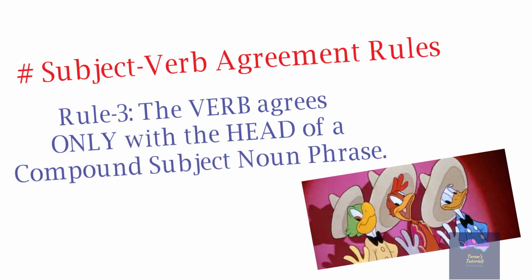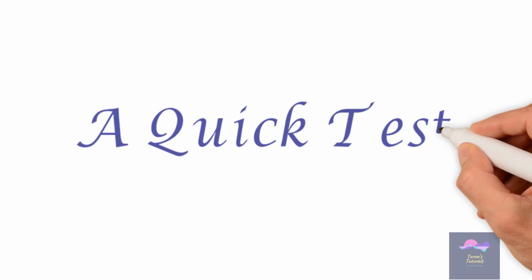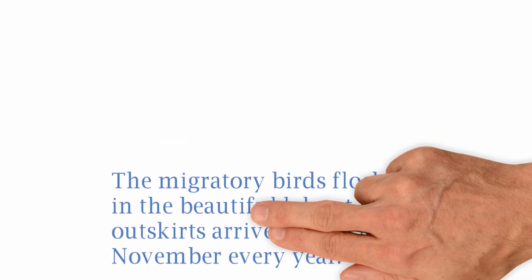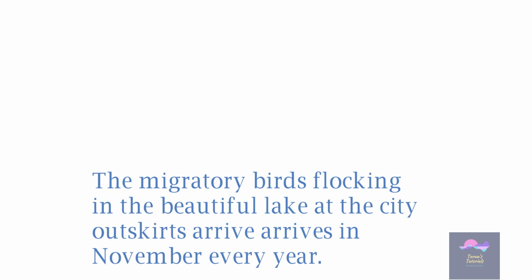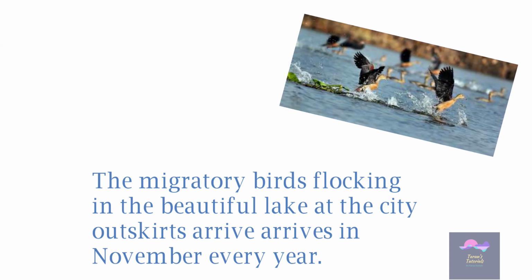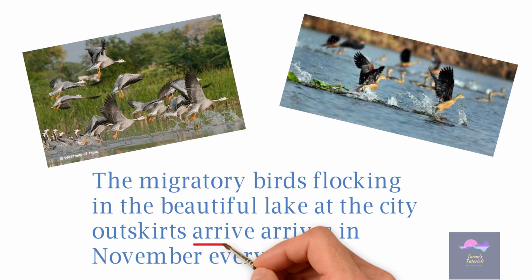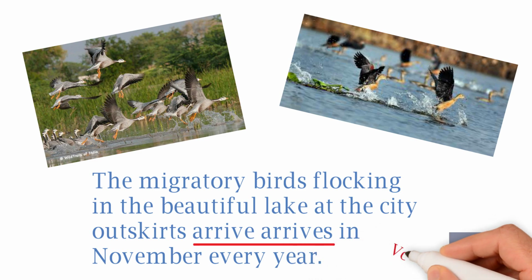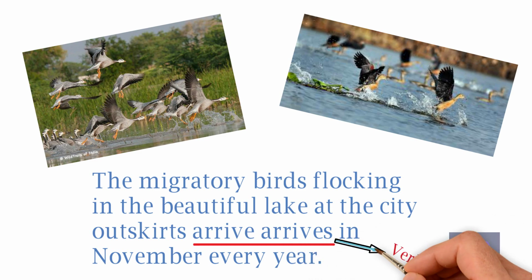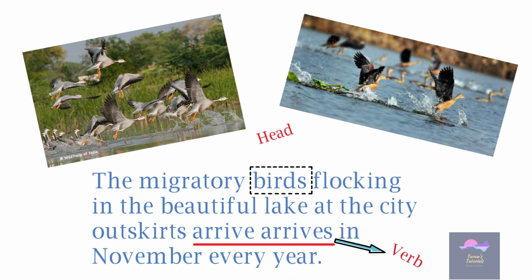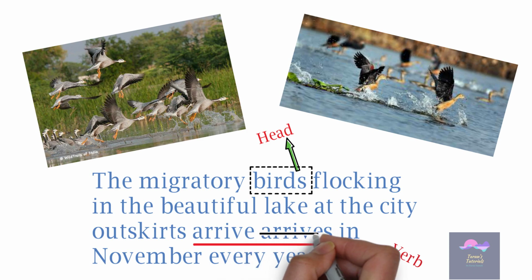Let's take a quick test to check our understanding. In the sentence, which verb form is correct? Arrive or arrives? To find out the answer, we must be able to identify the head or the nucleus of the compound subject noun phrase. Here, in the sentence, it is the noun birds, and so the correct verb form will be arrive, which agrees with the plural head of the noun phrase.